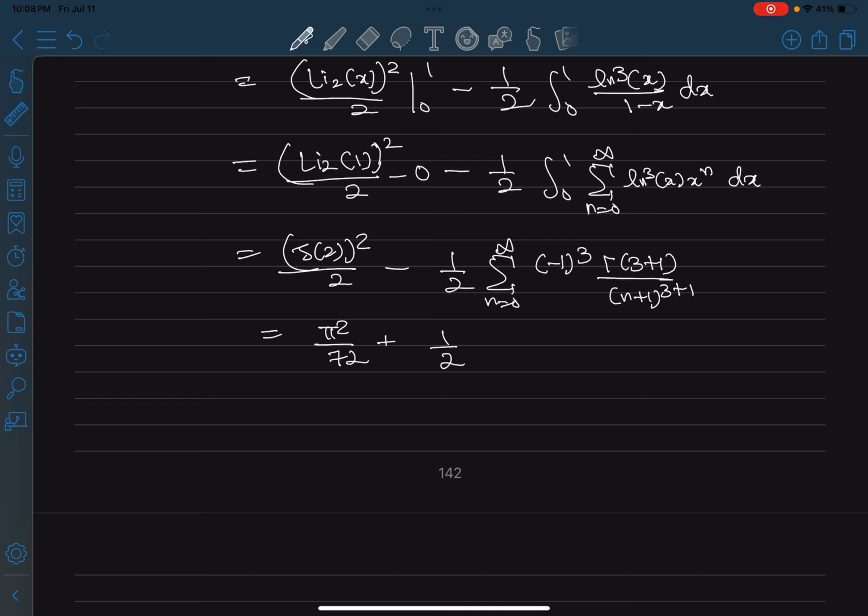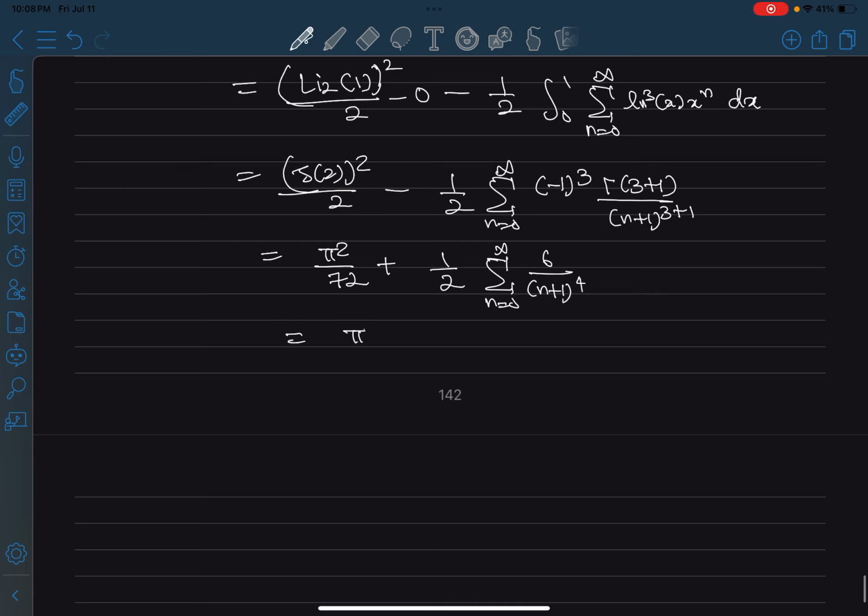Now this is pi squared by 72, and this becomes plus the sum from n equals 0 to infinity. Now this has a 3 factorial, which is 6, but it's over (n plus 1) to the power 4, right? Now this is pi squared... wait, this is pi to the power 4 actually, I'm sorry, because zeta of 2 is pi squared by 6, right?